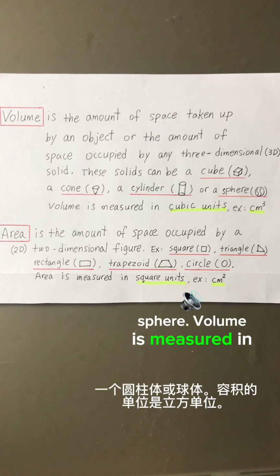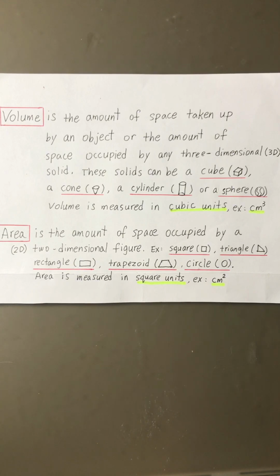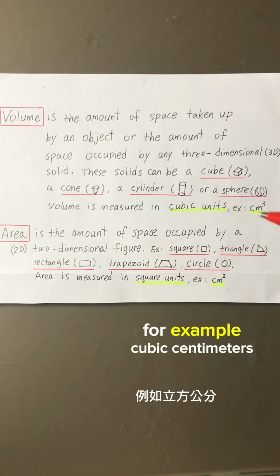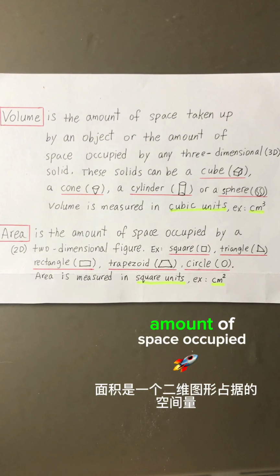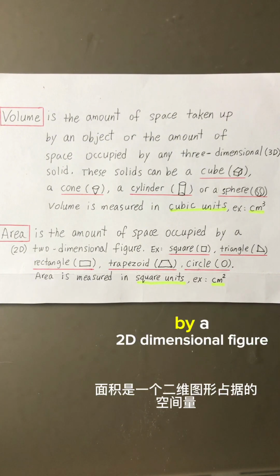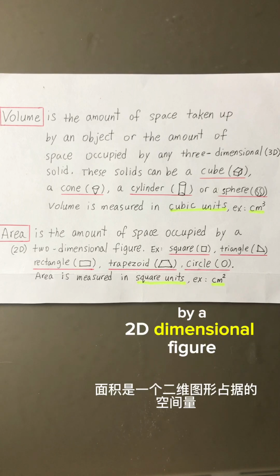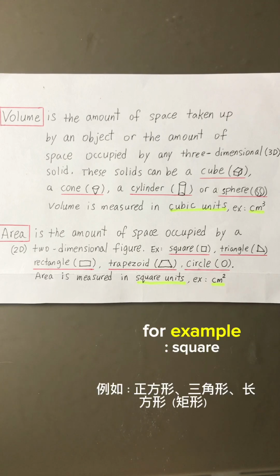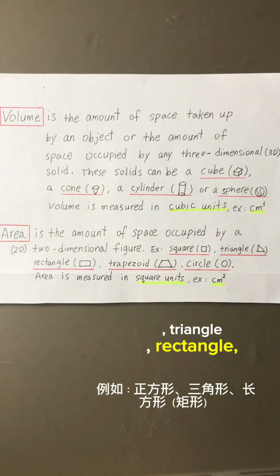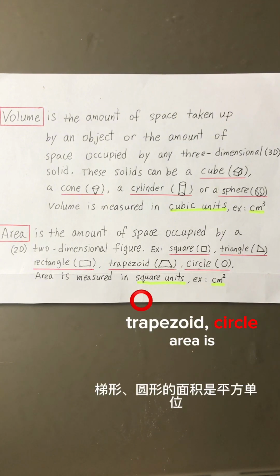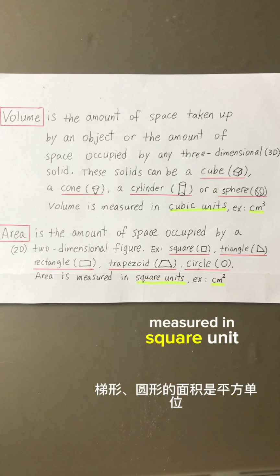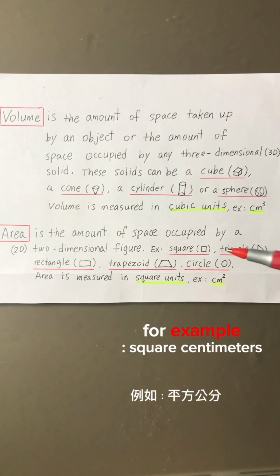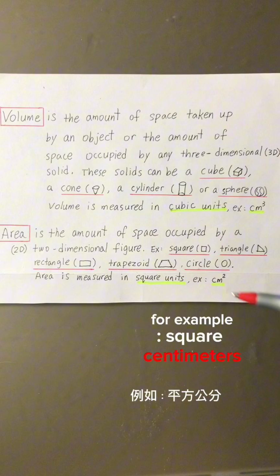Volume is measured in cubic units, for example cubic centimeters. Area is the amount of space occupied by a 2D figure, for example a square, triangle, rectangle, trapezoid, or circle. Area is measured in square units, for example square centimeters.